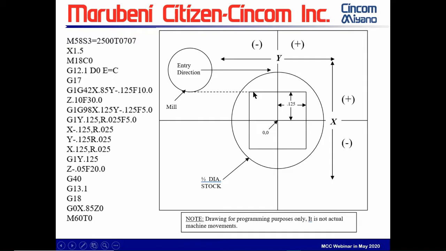The Y is at 125, it's actually more like up here, to be honest. The Y is at minus 125 and the X is high. Then you move in with Z, inserting the tool into the material. You move it to the first point, which is X 125, which is plus 125, Y minus 0.125.